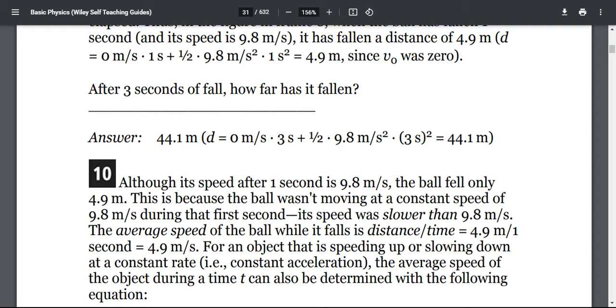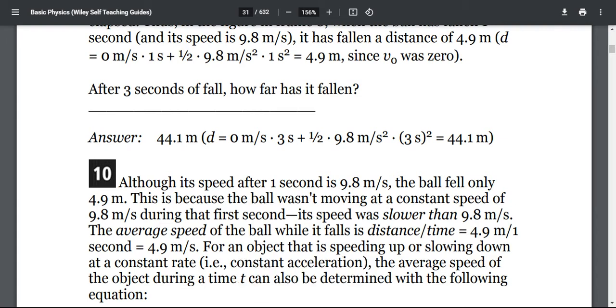The ball speed is changing after every second.